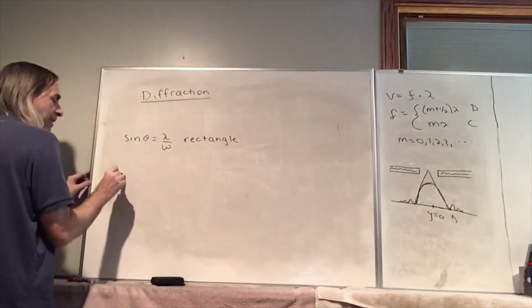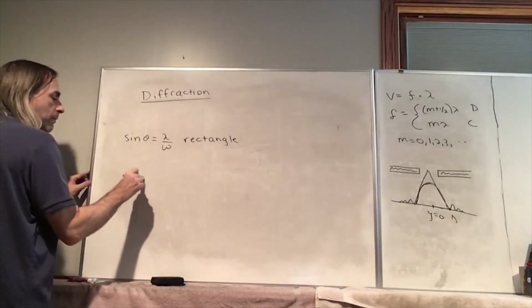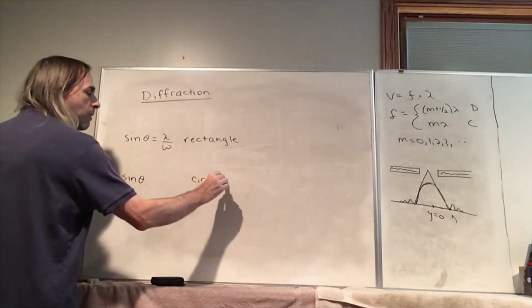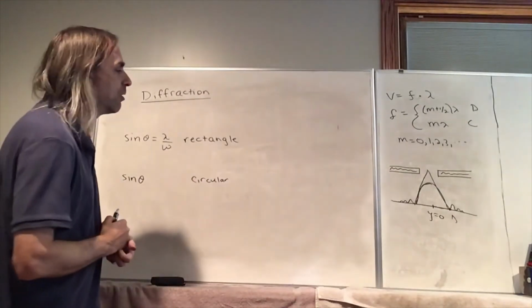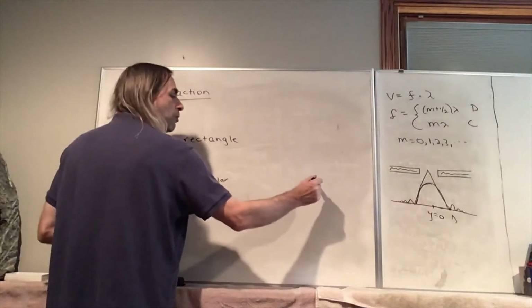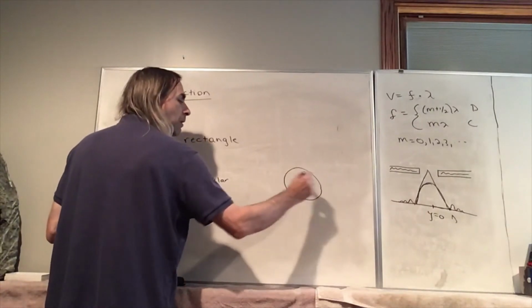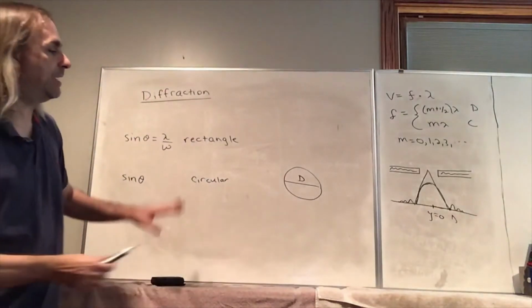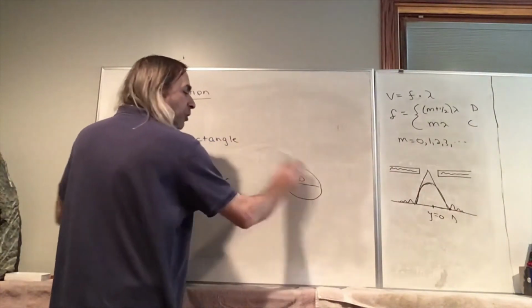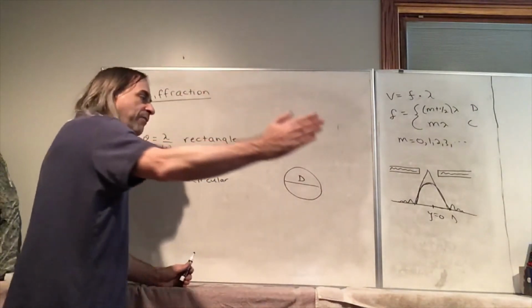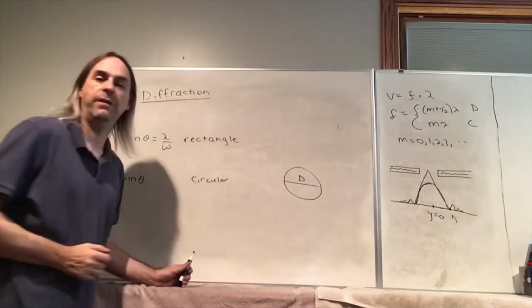Now, what if we have a circular opening? So we have a wave passing through a circular opening, and let's say this opening has a diameter d. Say that this whole screen is filled in, but I cut a hole in this board here, and we have wave fronts, like plane waves, moving this way.